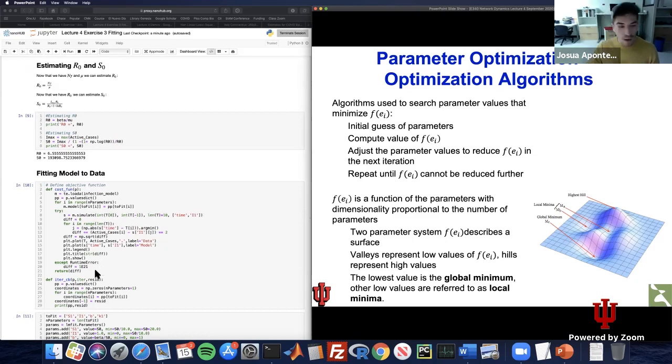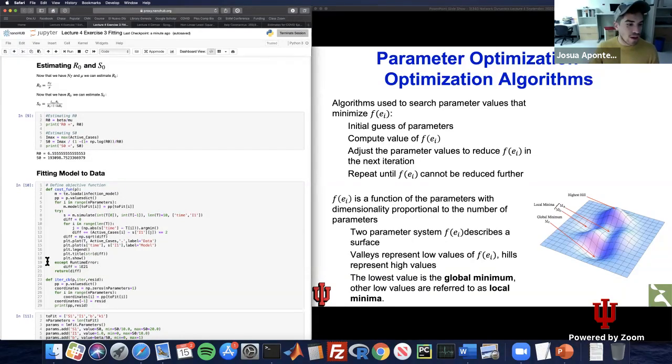Here, we'll come back to this, but what I've done is I have defined my cost function, or my objective function, such that the model is loaded every time this function is called. Then the function takes as input values for the different parameters of the model. So what I'm doing in the next lines is I assign to each parameter of the model the values being passed on to the function.